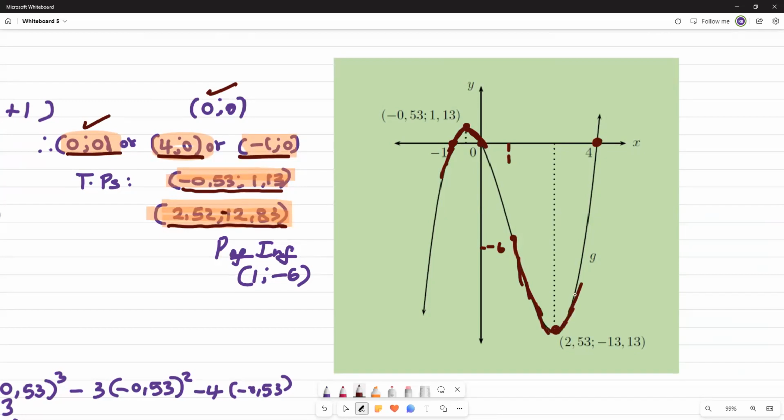Because I'm using a mouse pad, my sketching won't be nice, guys. But you're using your pen, so your sketching should be nice. There, and then you go there, you create a nice curve, and then you do that. And you join here in the middle, right? Sharp. And then that's it about sketching a cubic function, ladies and gentlemen.